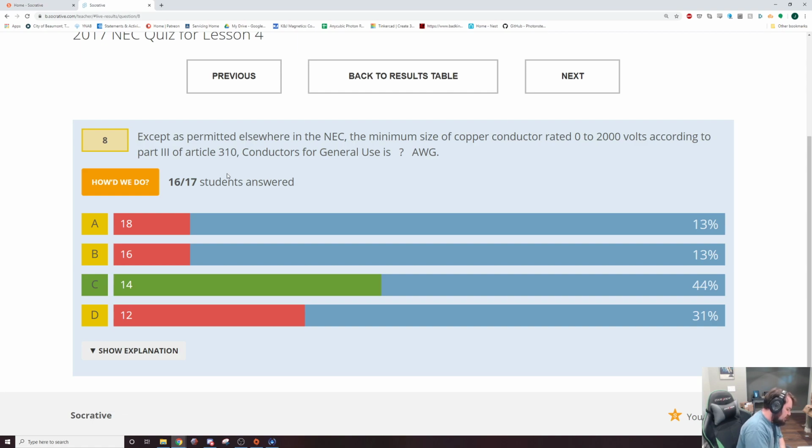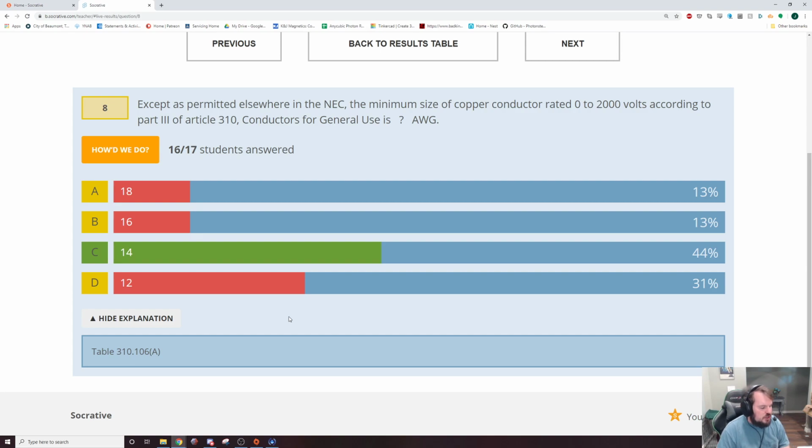Scope. Aha. Let's see. Nope, that's parallel. Let's look at the explanation to cheat. 310.106a. That is a good spot to look for that information. 310.106 has a bunch of good information.